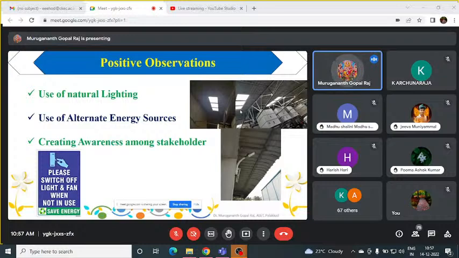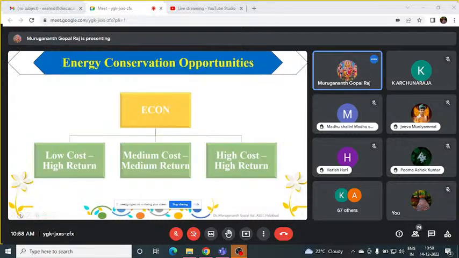When you say thank you, people will take it in a positive sense. So we can observe these as positive observations. And these three become the first step of ensuring energy conservation at a home sector.